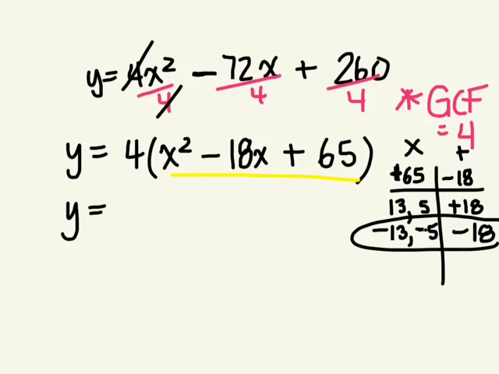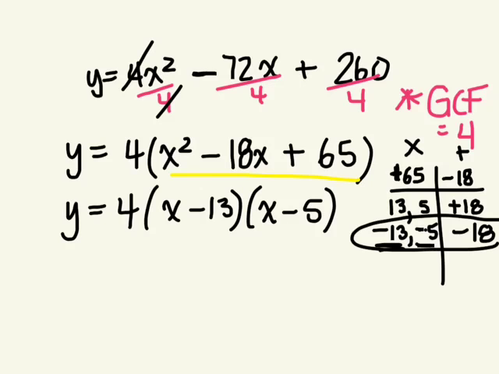Good. So let's write this in factored form. We still have the 4. That's our a value. Our first factor is x minus 13, and then x minus 5. Okay, so this is factored form. But the question was asking for the x-intercepts, or the zeros. What are the two x-intercepts? Opposite integer, right? Positive 13. Good.